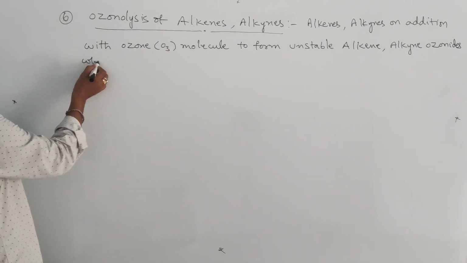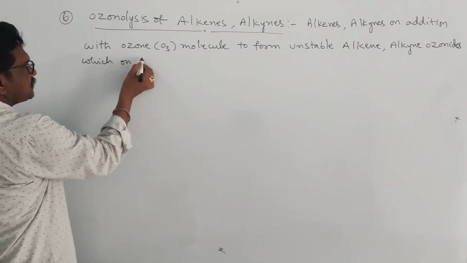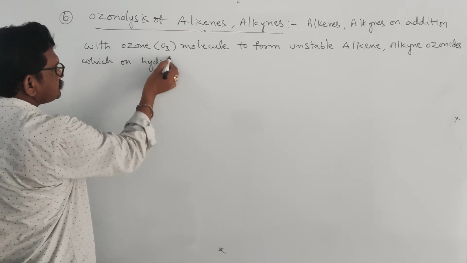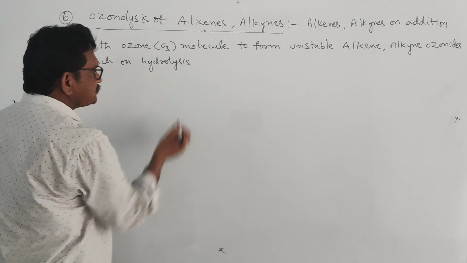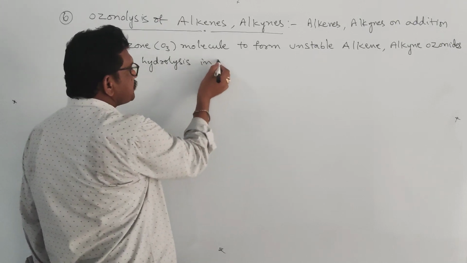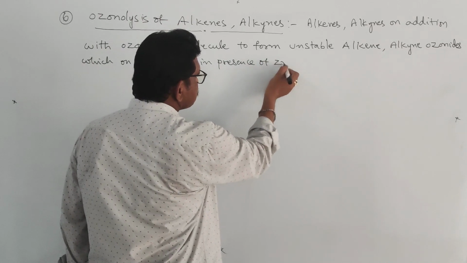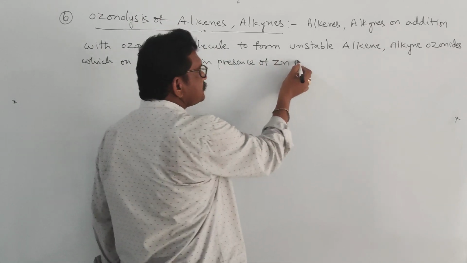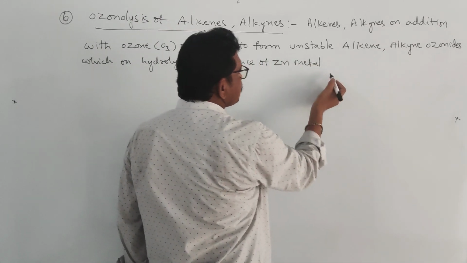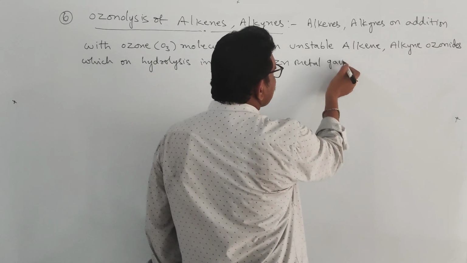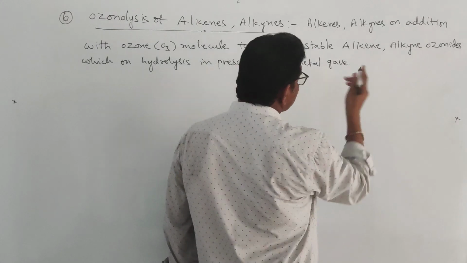Alkene, alkyne ozonoids, which on hydrolysis in presence of zinc metal give carbonyl compounds.